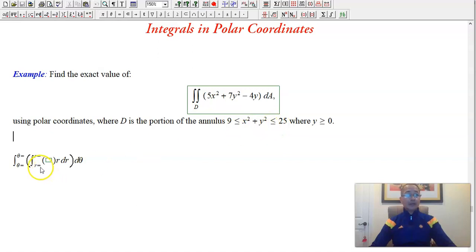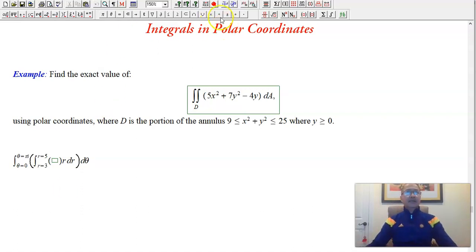So it looks like r is going to be between 3 and 5. Okay, so what about theta? We want y is at least 0. So I mentioned this earlier. We want the upper half of the annulus. Okay, so theta is going from 0 to pi. Okay, so that is our domain for theta.